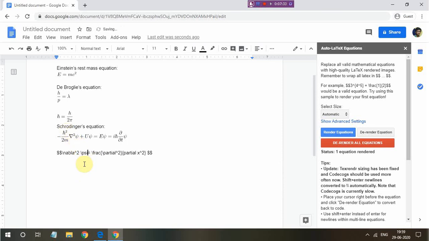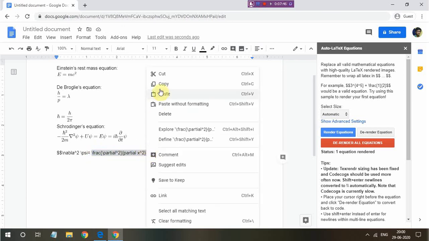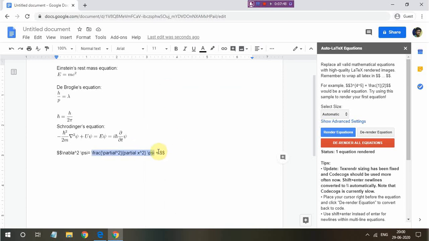We can just copy this code here because it's basically the same thing, but we have to show this in 3 dimensions for 3 variables: del squared over del x squared, and then del squared over del y squared, and then for z squared.